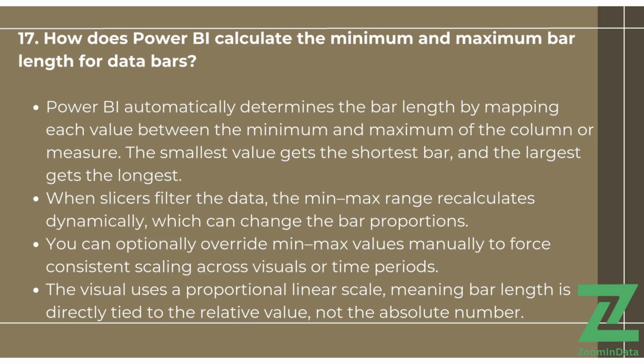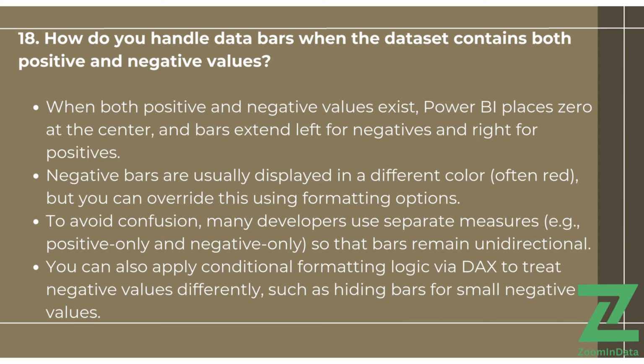You can optionally override min-max values manually to force consistent scaling across visuals or time periods. The visual uses a proportional linear scale, meaning bar length is directly tied to the relative value, not the absolute number.